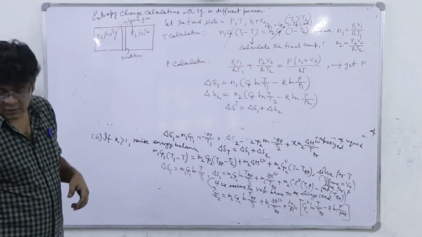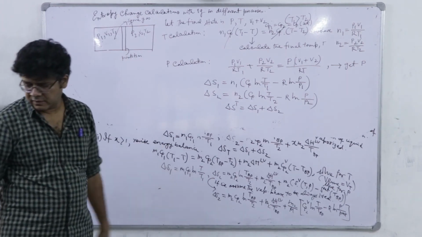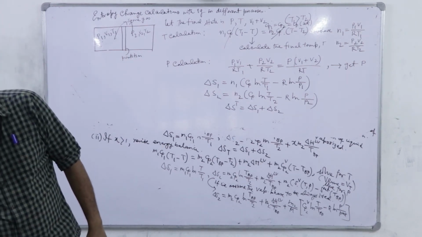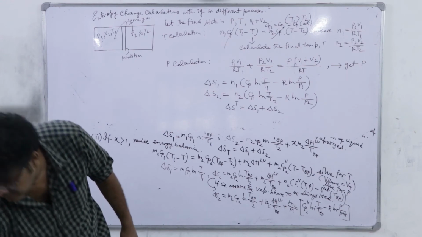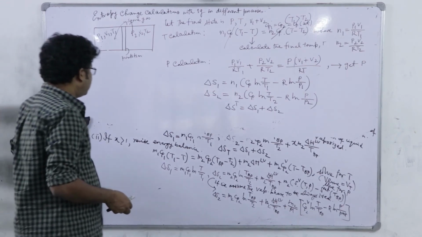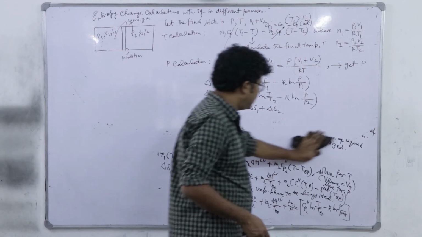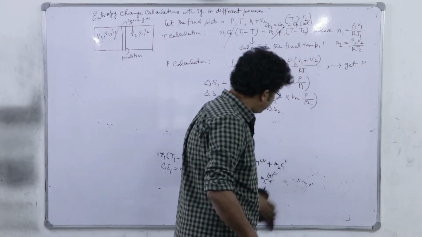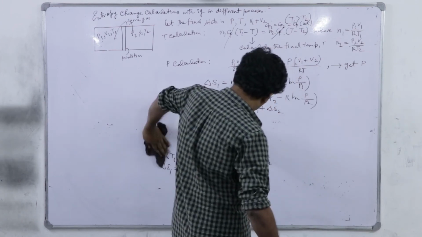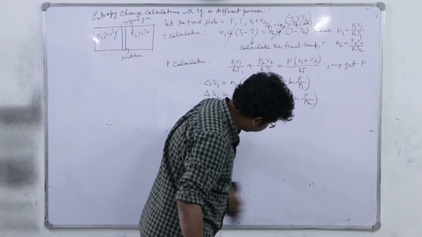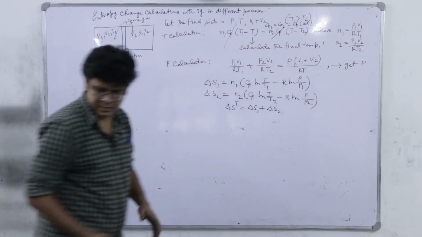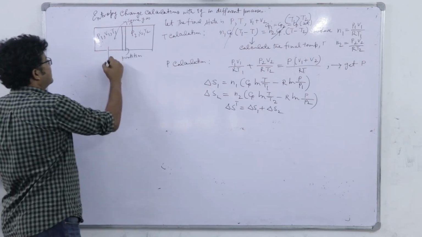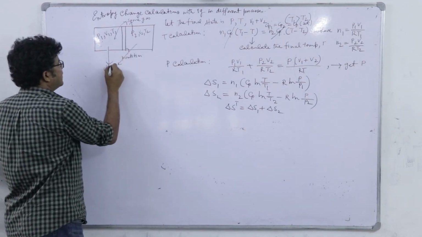Now if I change this to different species, like in one we have oxygen, in another we have nitrogen or carbon dioxide, but both are being considered as ideal gas. The second case is different species.